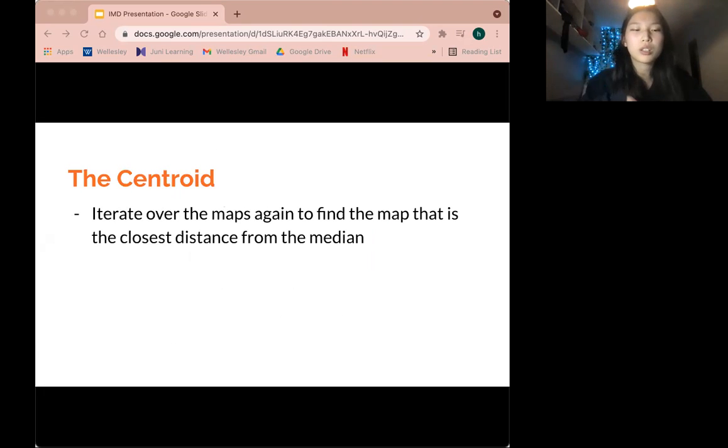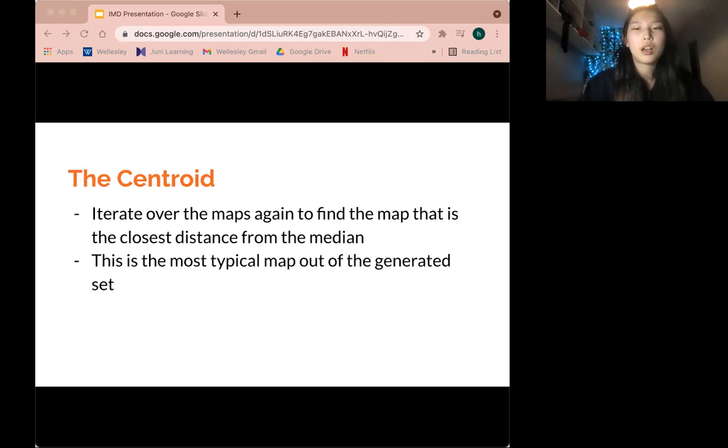Once we have this, we can iterate through the maps again and use the distance metric that I showed before to find the map that is closest to the middle that we calculated. This is what we call the most typical map out of the generated set.